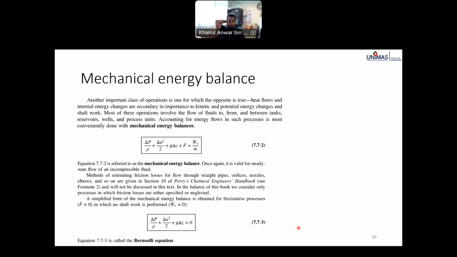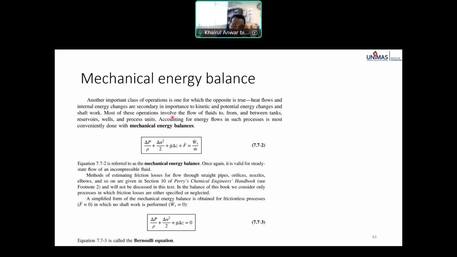Mechanical energy balance. Another important class of operation is one for which the opposite is true: if no internal energy changes, the important ones are kinetic and potential energy changes and shaft work.